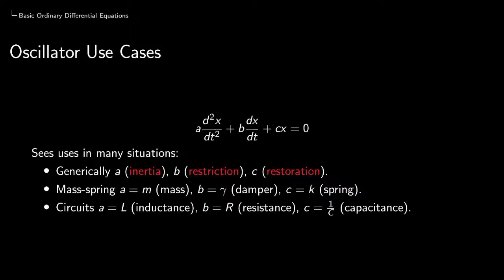And then in terms of a restoring force to restore an electric flow or an electric field, the C term is 1 over C, which, those are different C's. 1 over C denotes a capacitance. Basically, if you have a capacitor or some other mechanism to store up electrical energy, that's where it happens.